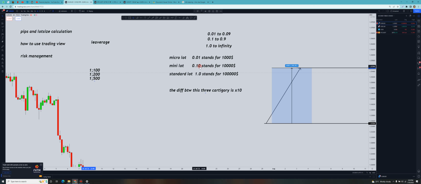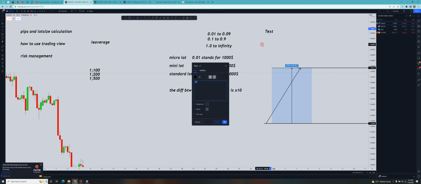So, example one: I made 100 pips from a trade and I used 0.1 lot. How much will I earn in dollars? Now let's quickly do the formula. Is 0.2 still under the mini lot?